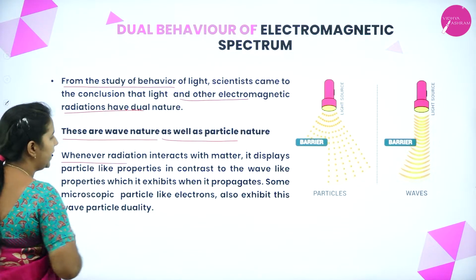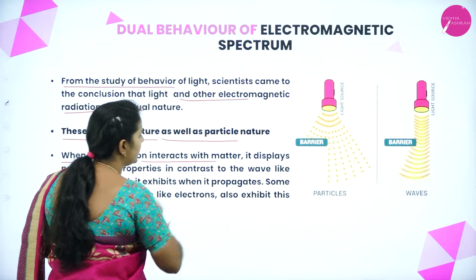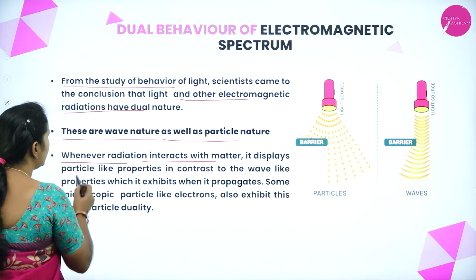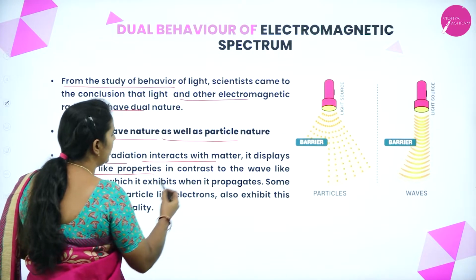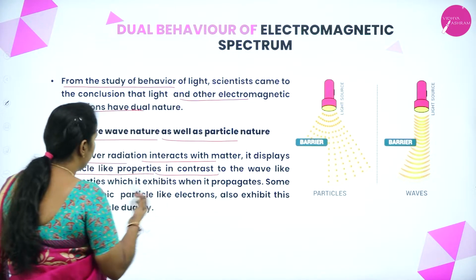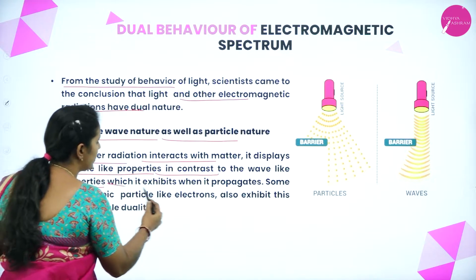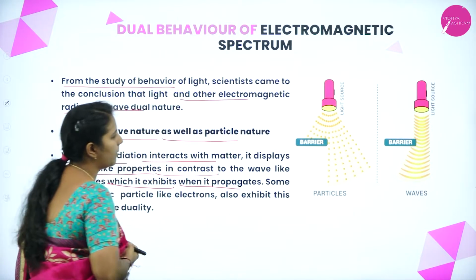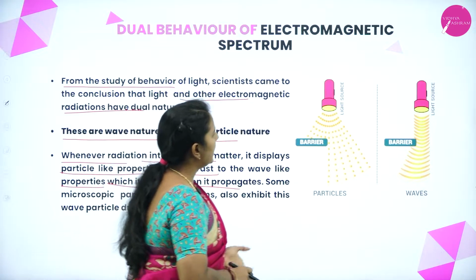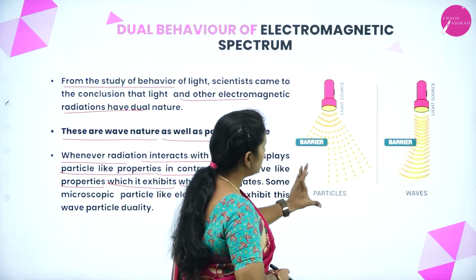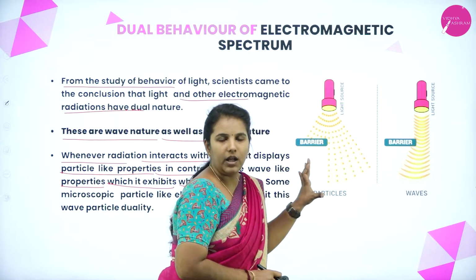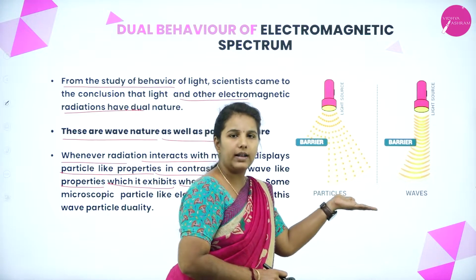Whenever radiation interacts with matter, it displays particle properties, in contrast with the wave-like property which it exhibits when it propagates. Here you can see that when light touches a particular matter, it behaves like a particle.